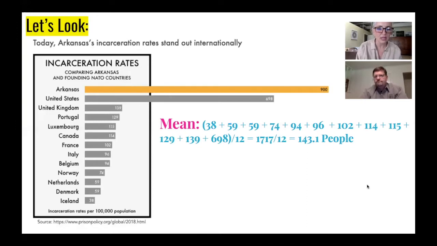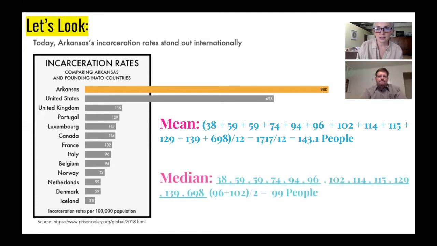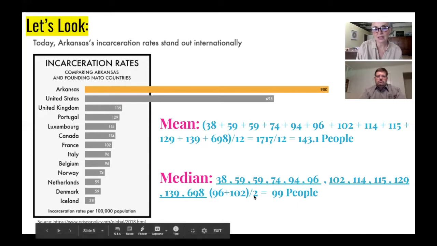And if I want to find the median, I take all my numbers and put them in order. You can see I underline the first half and the second half, and there is no middle number. So I take the two middle numbers, add them together, and divide by 2, and that gives me a median of 99 people.